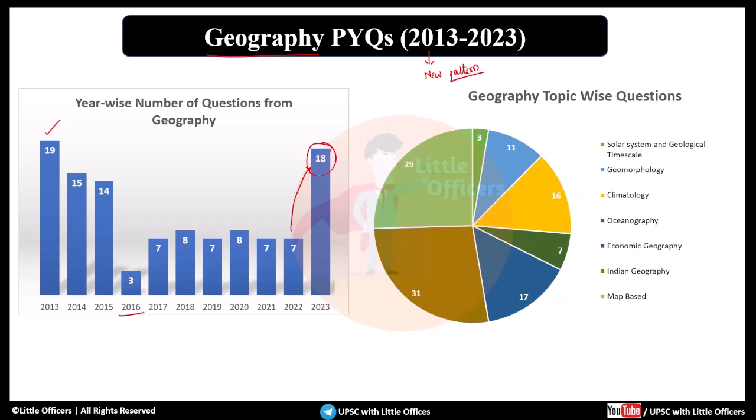Indian geography and map-based questions had more weightage. So in this session, which is part 1 of this series, we'll be looking at questions from the first 3 sections, roughly around 30 questions, and we'll be able to solve them in around 30 minutes or so.